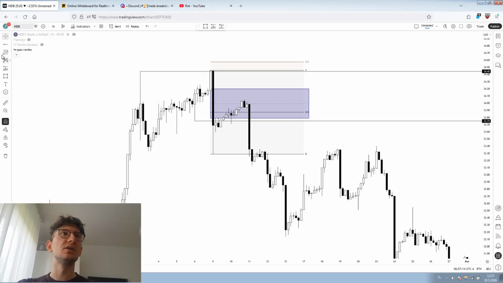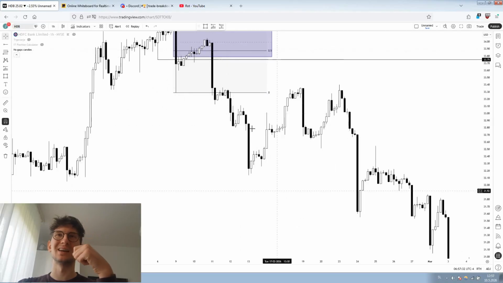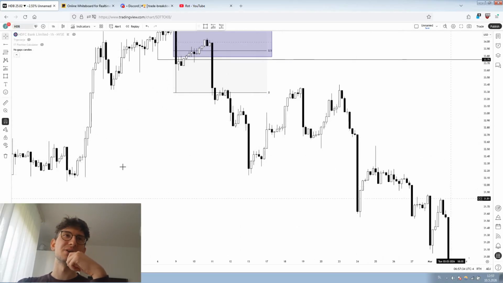I thought that it touched the order block, but it didn't, okay? So the price comes into the premium zone on equilibrium, it comes into the middle point of the bearish fair value gap, and then it absolutely collapses lower, lower, lower, okay?